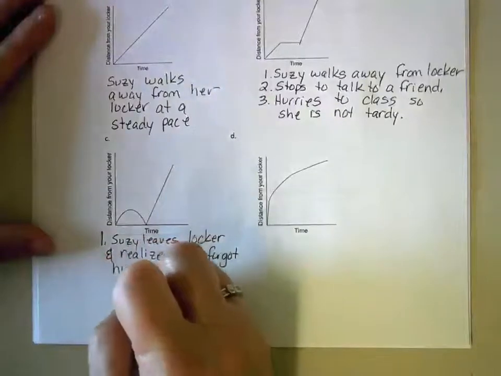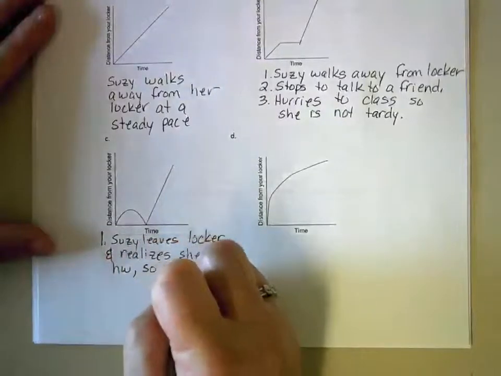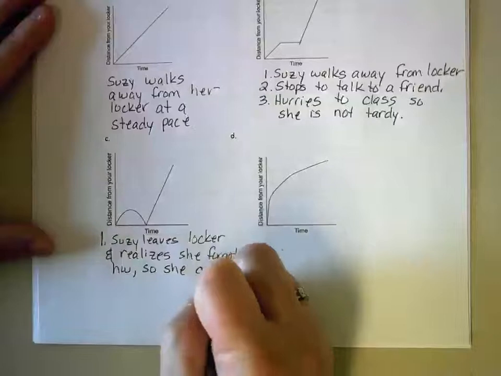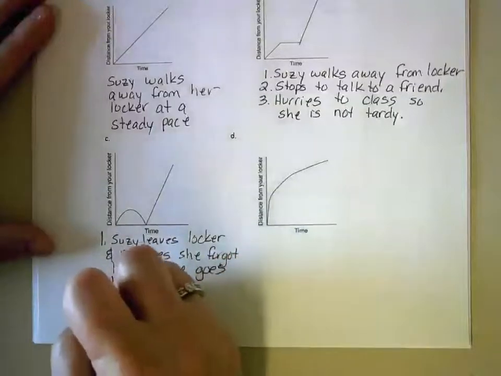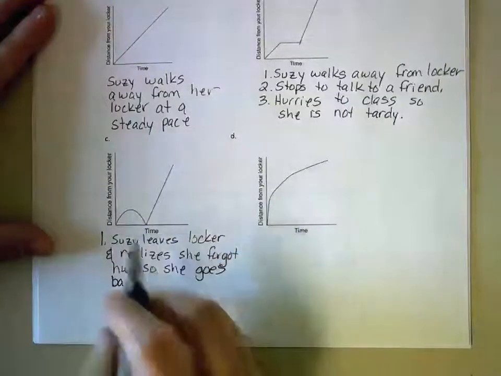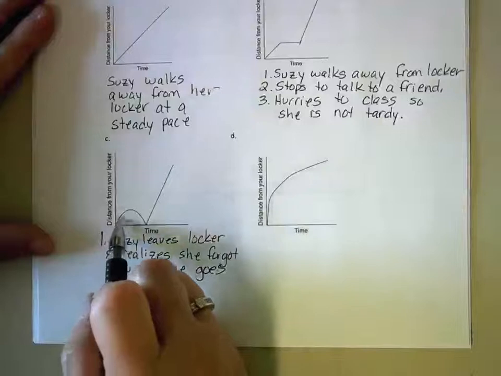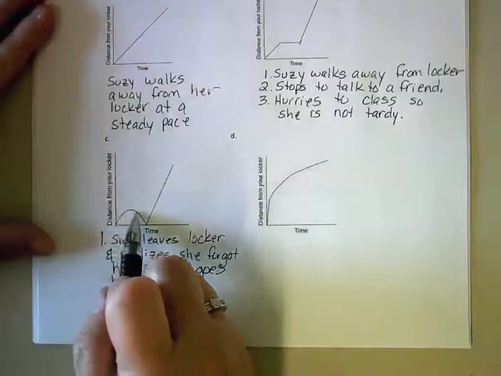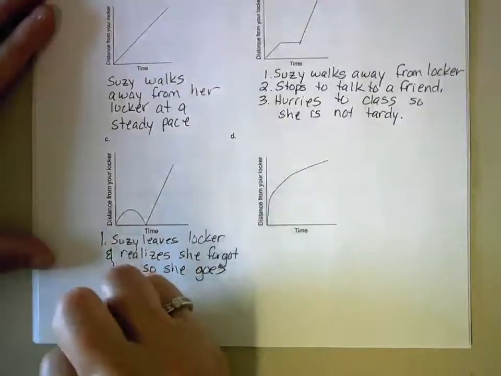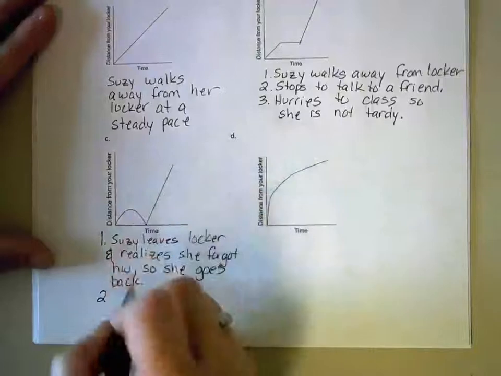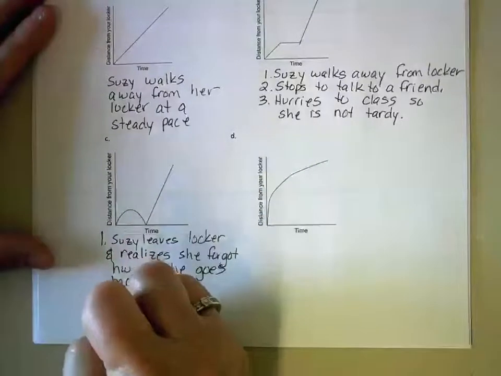So she goes back. So that's right here, leaves her locker, realizes she forgot her homework and comes back. And number 2, she doesn't want to be late, so she hurries to class.